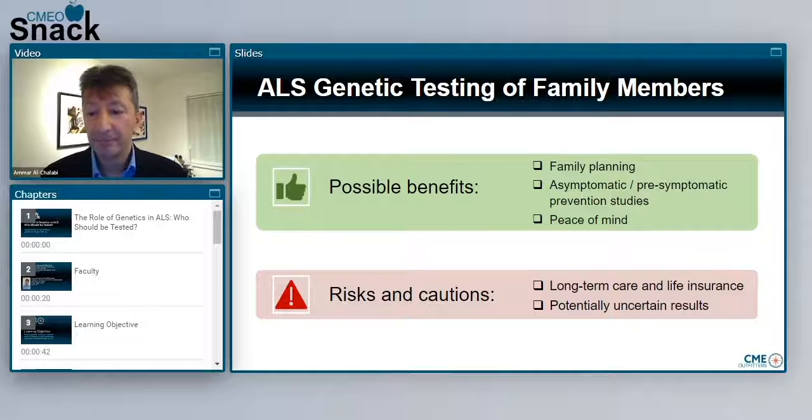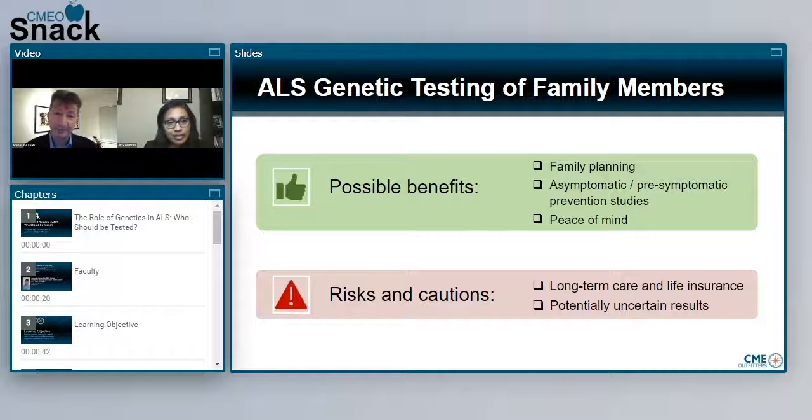So the embryo is tested before implantation. The person never needs to know their own genetic status. You just test the embryo, and you only implant an embryo that doesn't carry an ALS-causing gene variant or an ALS-associated gene variant. So that would be the main situation we would do that. There are clinical trials coming online that are looking at preventing ALS onset, and so I think that would be another reason to start doing it now, but it's certainly not something we do routinely.